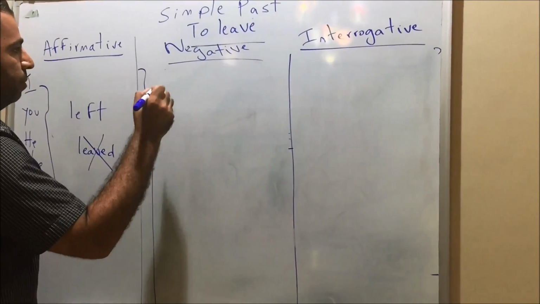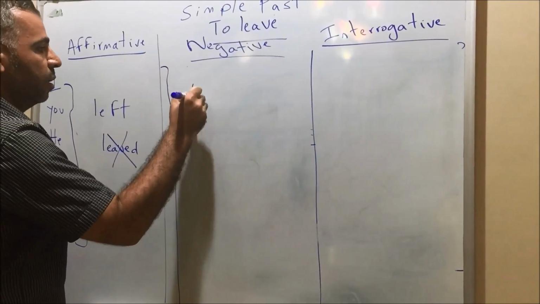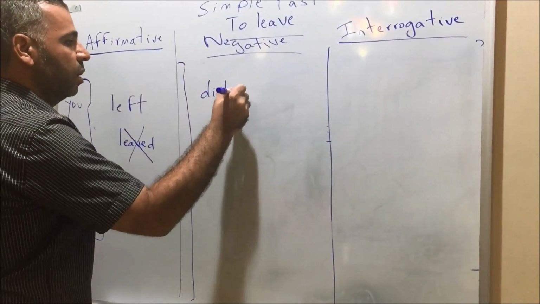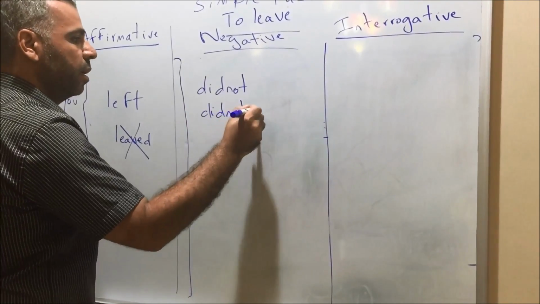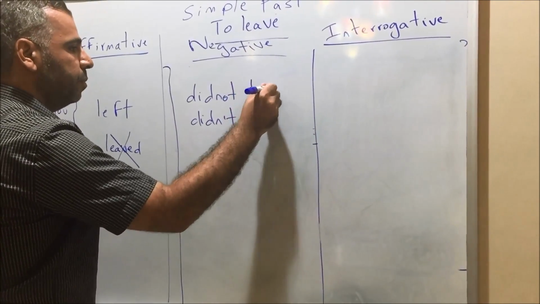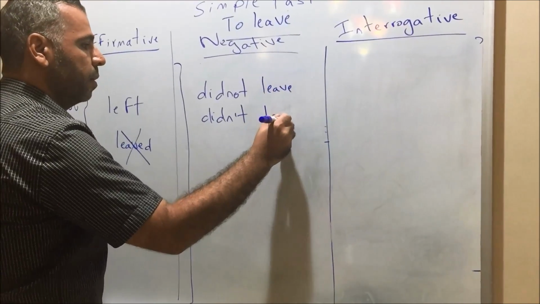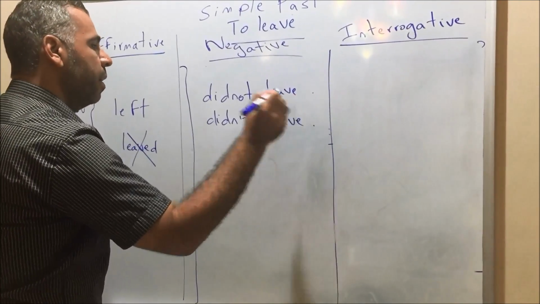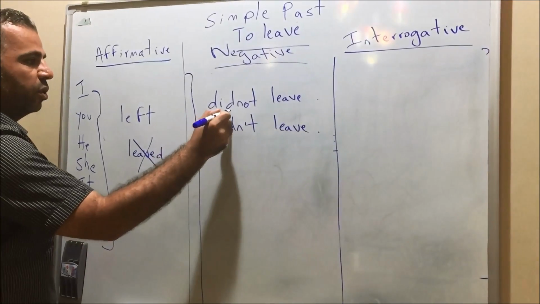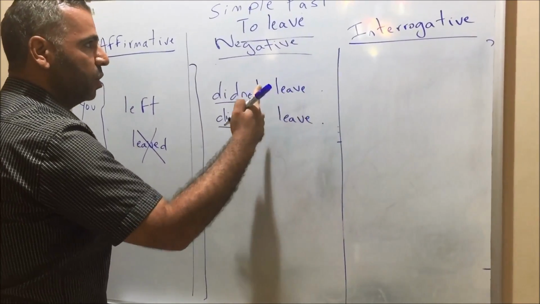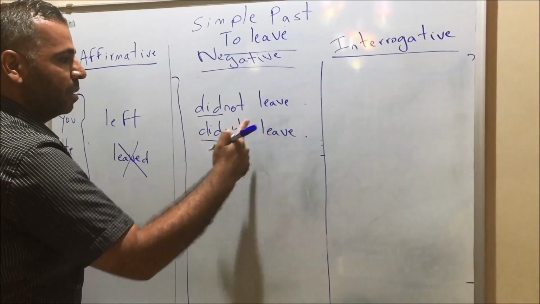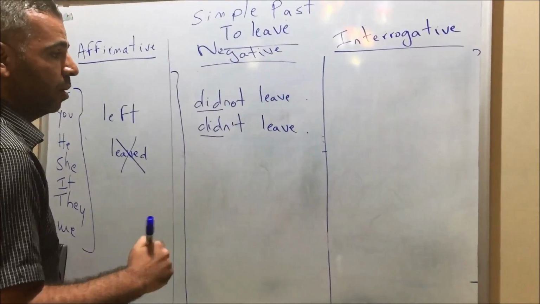The negative form, I say I did not or didn't leave. Okay. Here actually we conjugated verb to do in the past. That is to say, the second verb, which is the main verb, must be in the infinitive form.